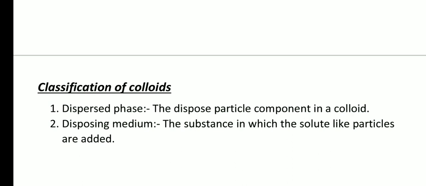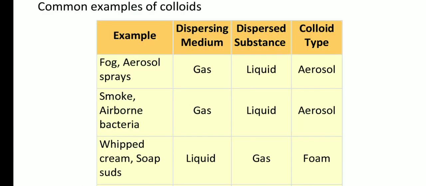Common examples of colloids: dispersing medium having gas, dispersed substance having liquid, and colloid type is aerosol. An example is fog, aerosol or spray. Second example is smoke, airborne bacteria, with dispersing medium gas and dispersed substance liquid. So this type of colloid is aerosol.